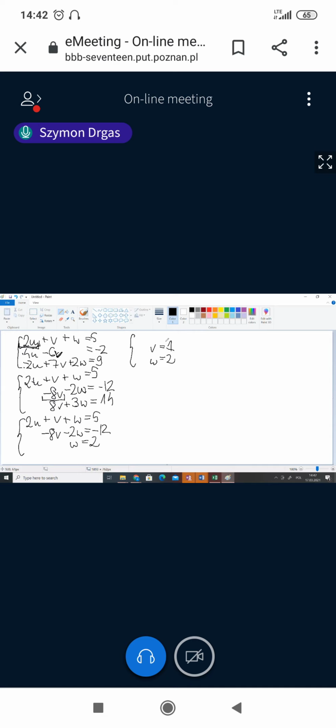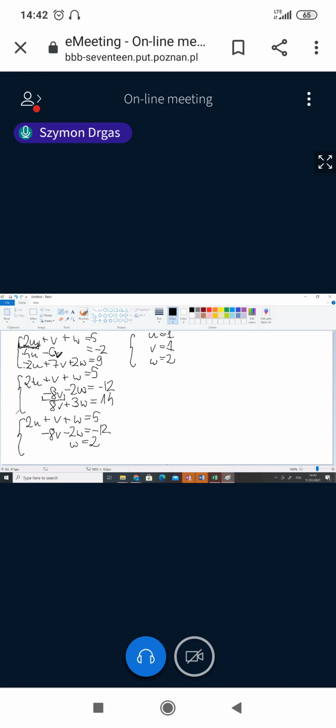And if I substitute 1 and 2 into the first equation, I will have 2U plus 3 is 5. So I can subtract 3 from both sides, and I will obtain 2U is equal to 2. So it means that U is also 1.